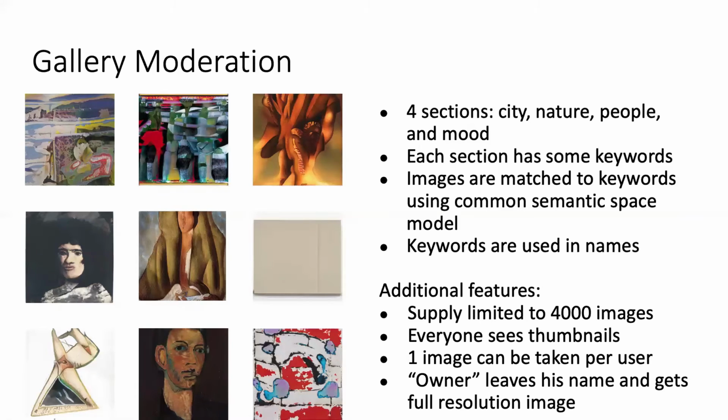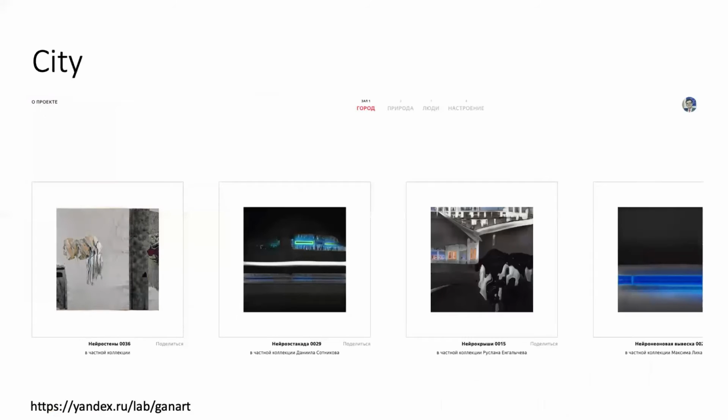We also added a few user-experience-related features to this gallery to make it more fun for users to interact with it. So now let's take a look at how it looks. We have four sections, as I mentioned. Each one of them has 1,000 images, and all users can see low-resolution previews of the images.